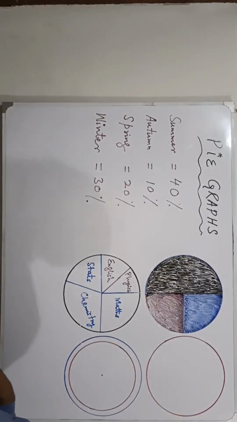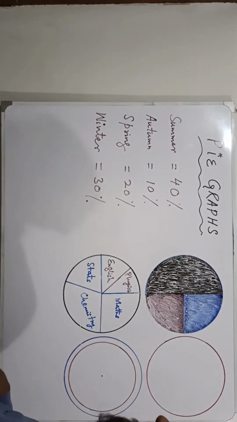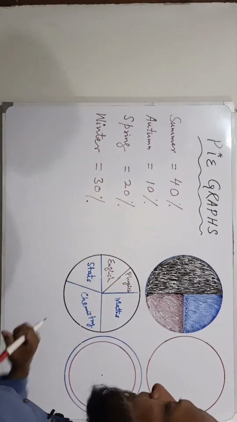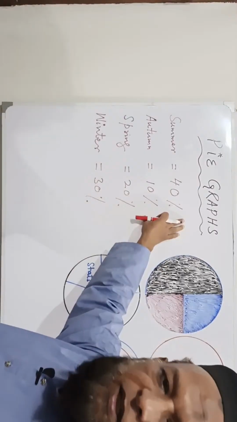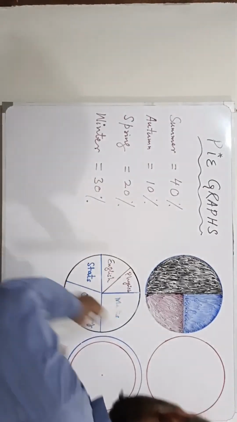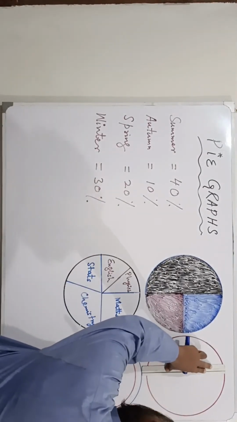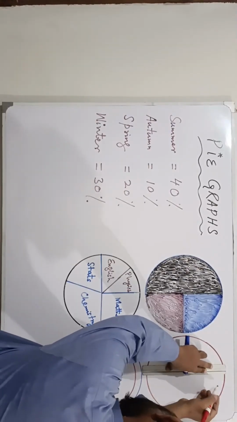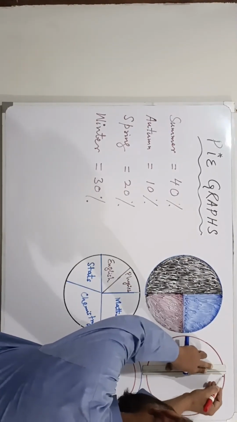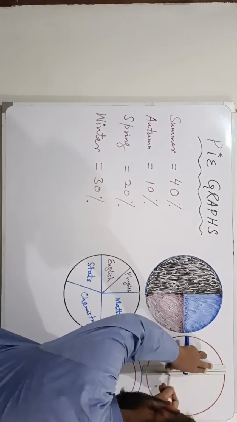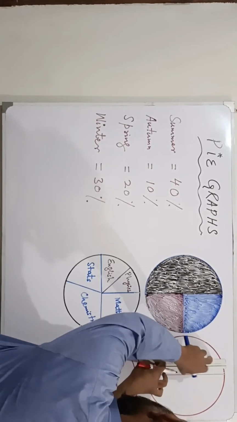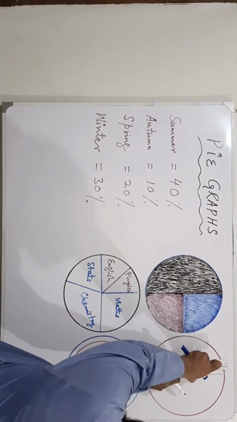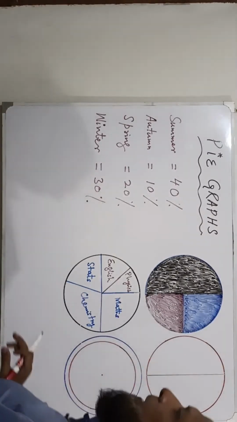The share of summer is 40% and that of autumn is 10%. Means it will cover 50% of the graph. Okay. So we'll take a straight line from the center and we draw it. First of all, we divide the circle into two halves. And then we can find the share of summer and autumn.